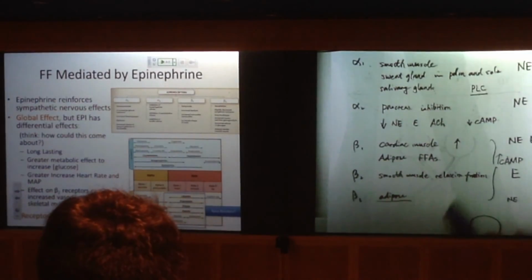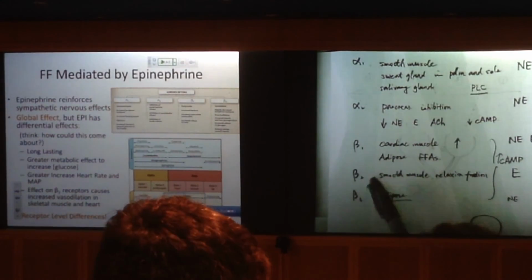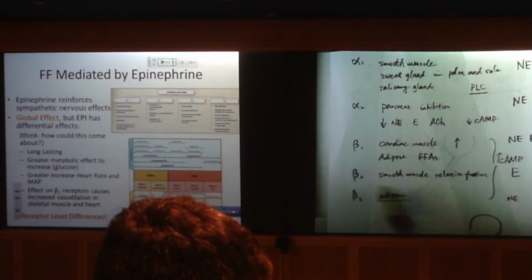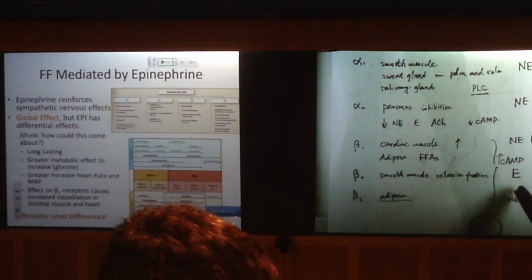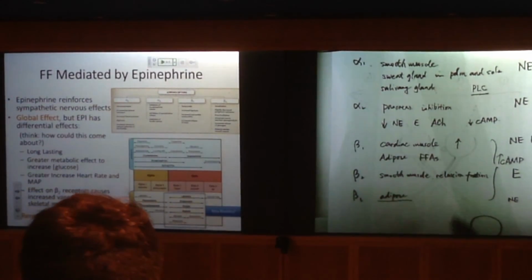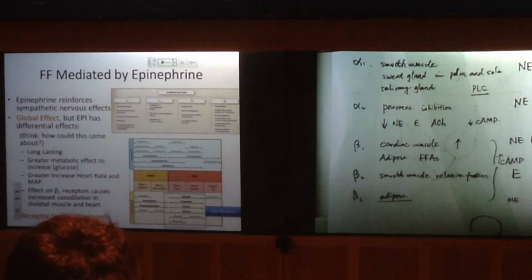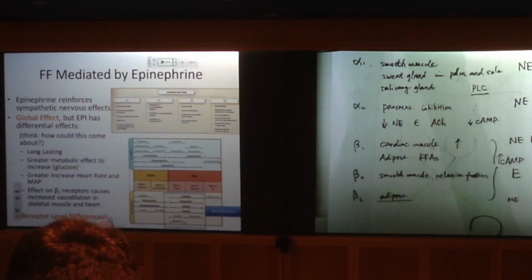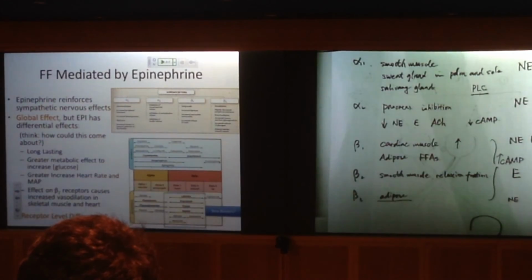And you have beta-2 receptors responding to the epinephrine as well and causing vasodilation. So what kind of muscles or vessels need to dilate during a fight or flight? Skeletal muscle, right? That's a big one.